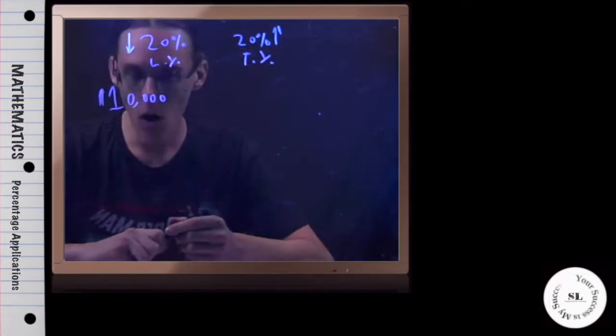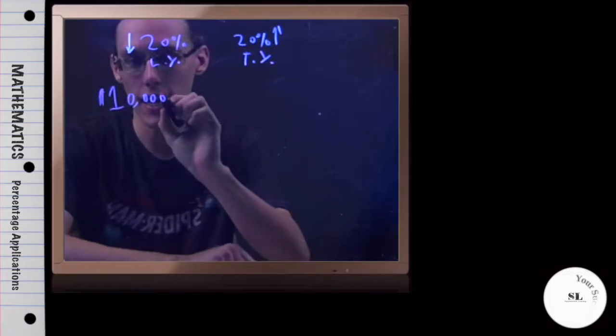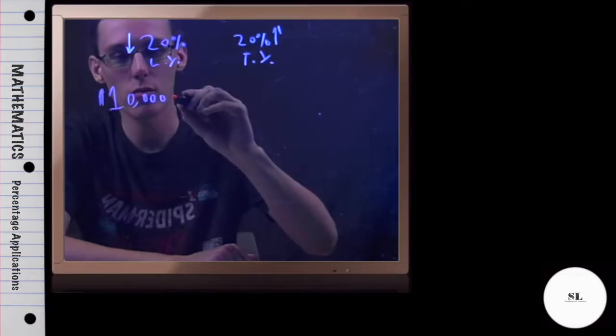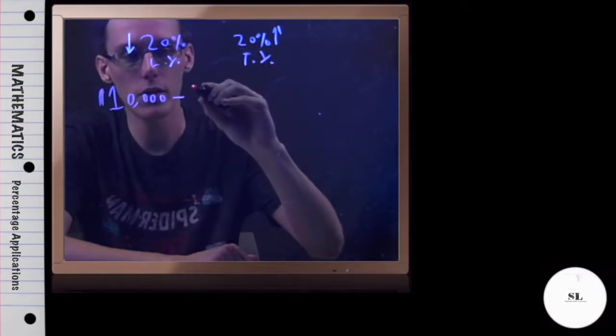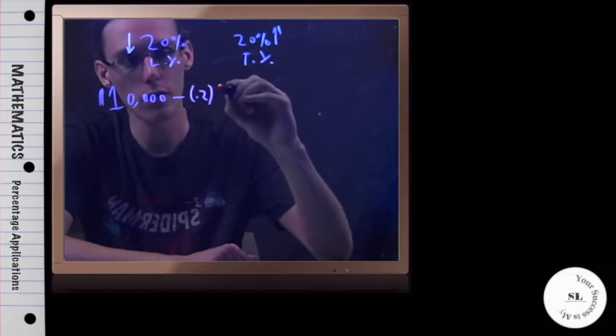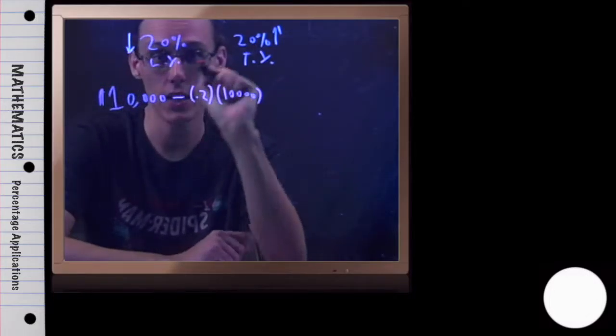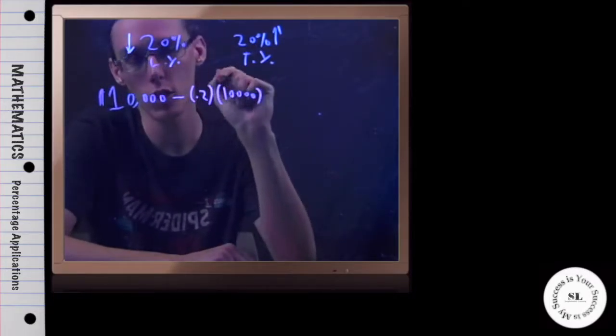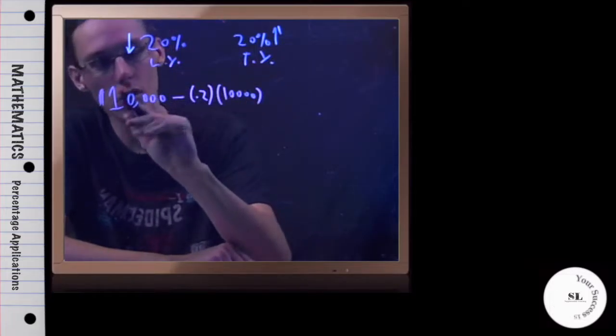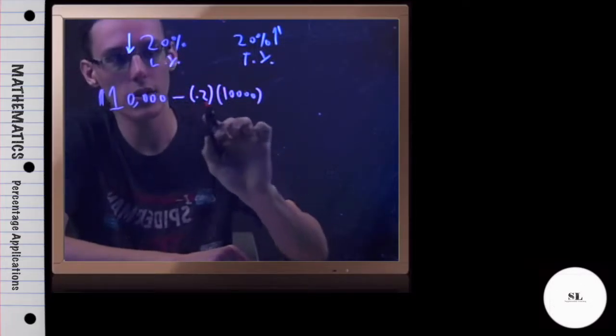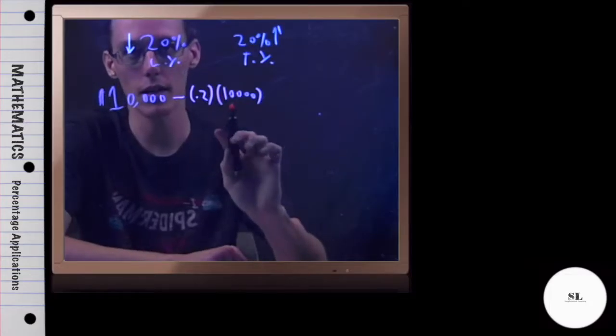When the money falls, we're going to have to take our initial investment and subtract 20% of that initial investment. Now notice I put the 20% as a decimal, I put it as 0.2. So I'm doing the 10,000 I started with and subtracting 20% of it, 0.2 times the $10,000.